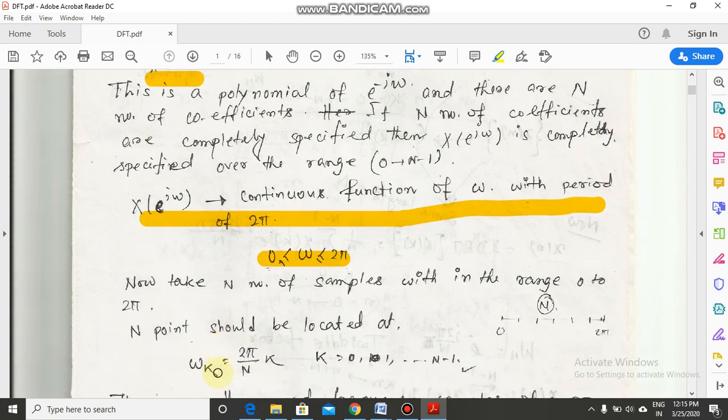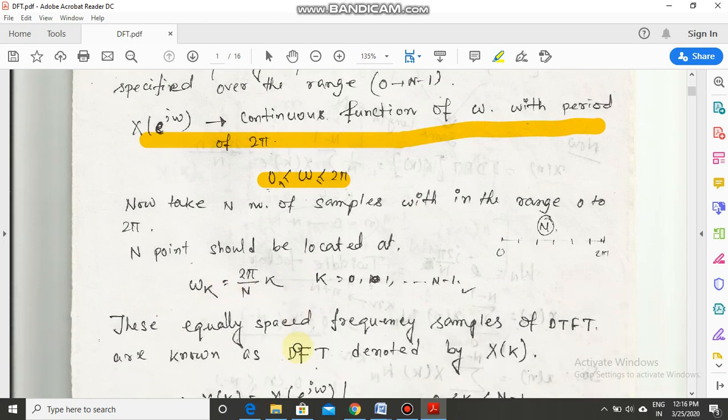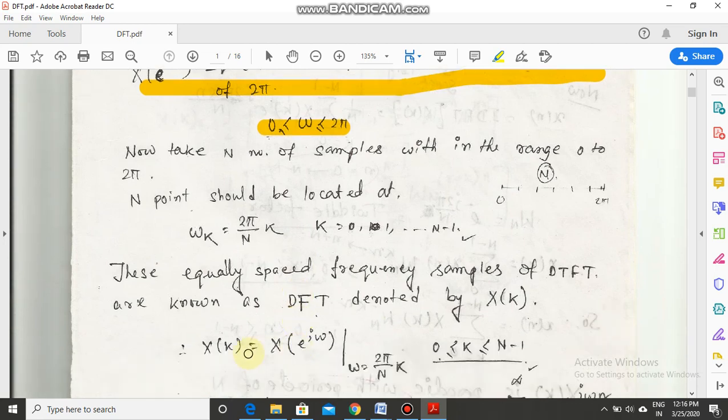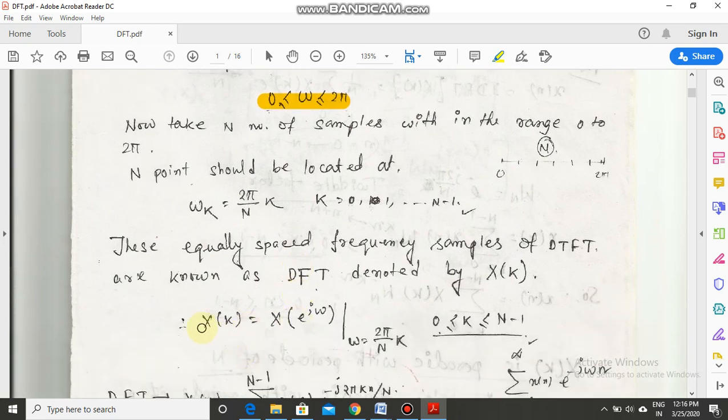Now, if we sample this continuous function of omega within this period, 0 to 2 pi, and take N number of samples, then we have the DFT. So clearly we can say that the DFT is obtained by sampling one period of the Fourier transform of a signal x of n at a finite number of frequency points. So this is the simple definition of DFT.